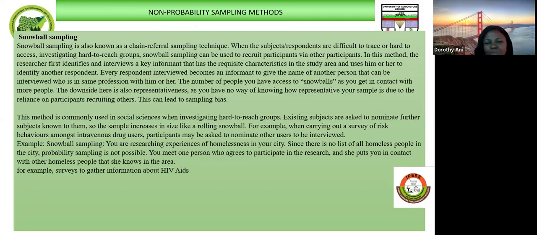But if you know how to get one person, they will refer you to another one, and that person will refer you to another person. Sometimes this kind of sampling may be dangerous.